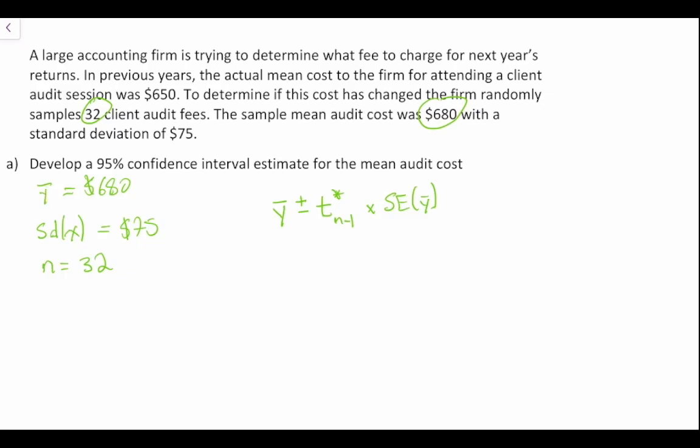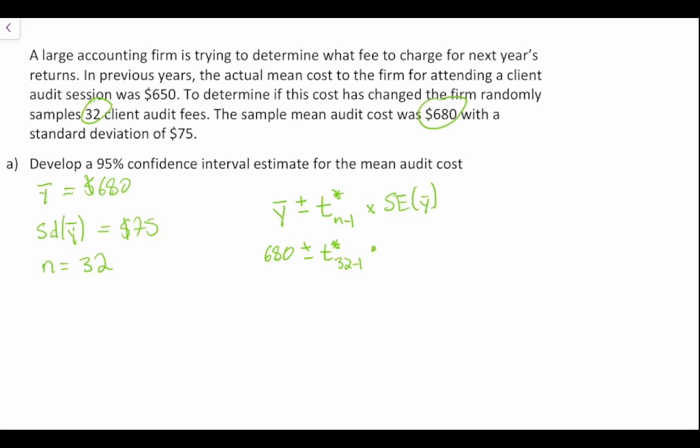So let's just change all this so that it's consistent. There we go. So we said that Y bar was equal to 680 plus or minus our T star at 32 minus 1 degrees of freedom times our standard error of Y bar.